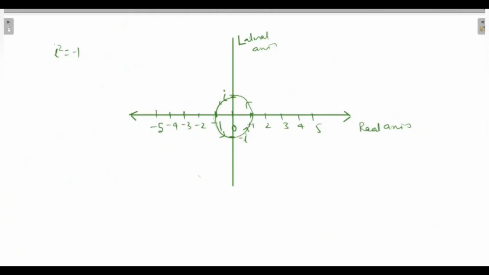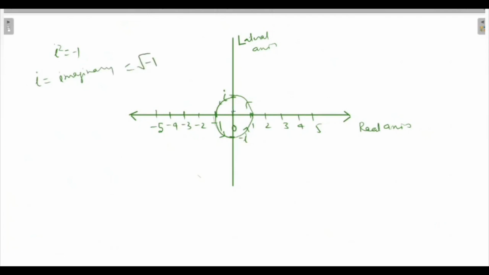So they said that this number is actually existing laterally to the real number line. That is why they were calling it a lateral number, not an imaginary number, in the beginning. But later on, the name imaginary gained currency, and we started calling i an imaginary number, because i was equal to the square root of -1.